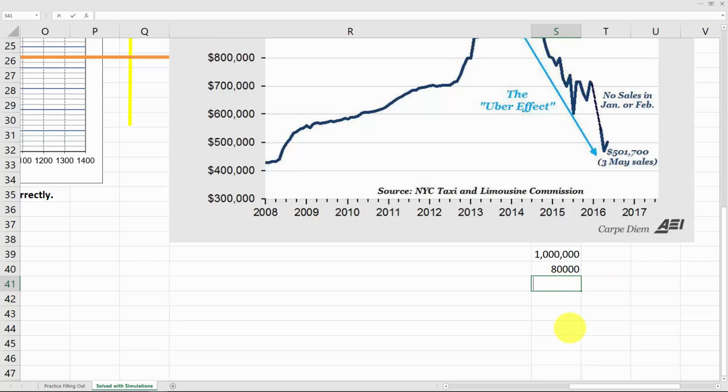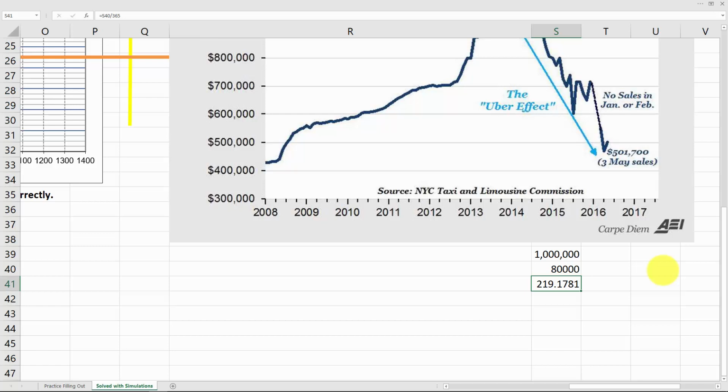Now, how much is that per day? Well, $80,000 a year divided by 365 days is about $219, $220 per day that a taxi cab owner must pay just for the interest on the medallion that they have to bolt to the front of their car.